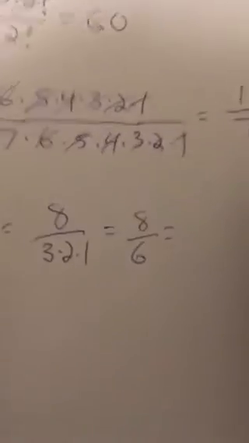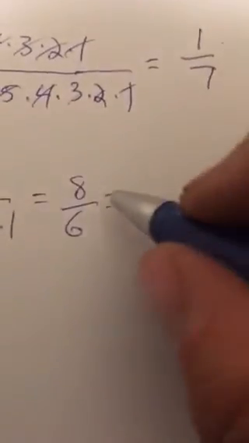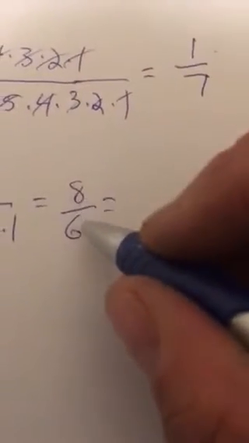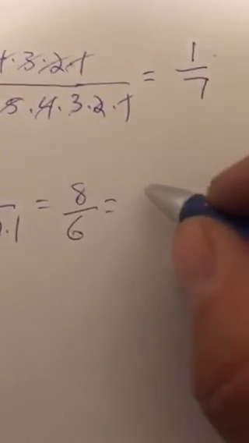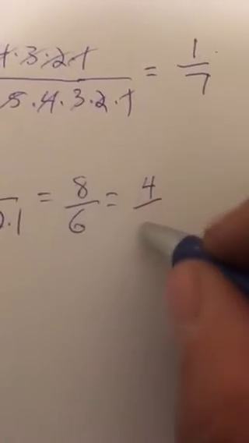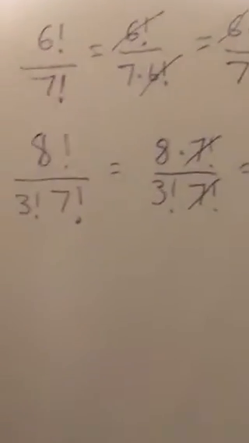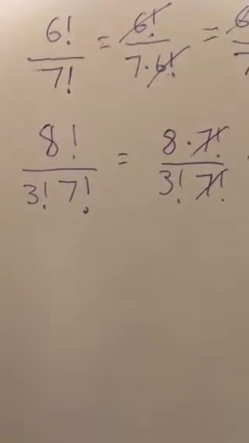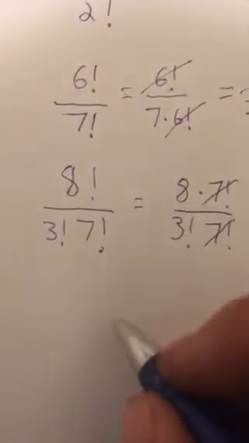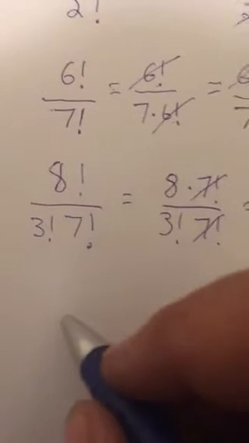Now we can continue to simplify it further. A 2 is a factor of both of those. 8 divided by 2 is 4, and 6 divided by 2 is 3. So the answer would be 4 over 3. So we can have multiple numbers in our factorial. You can also use variables.